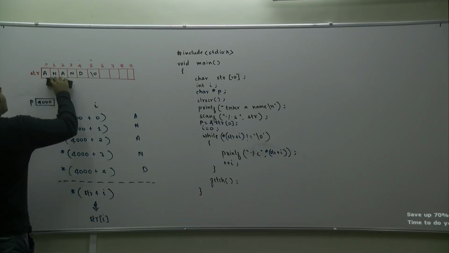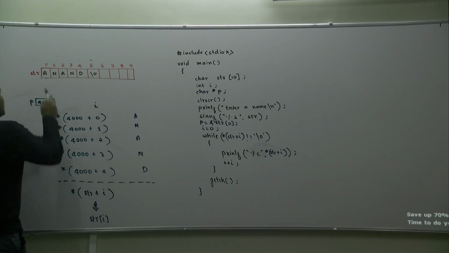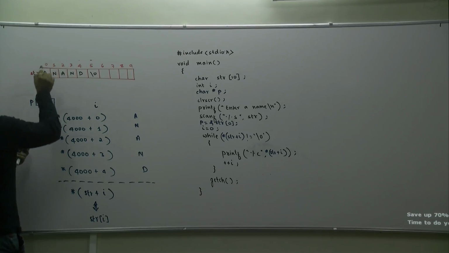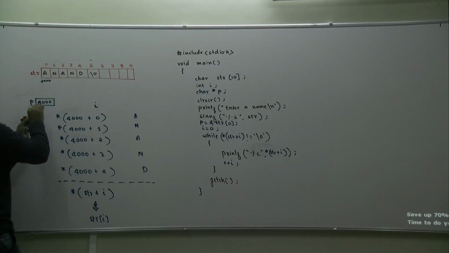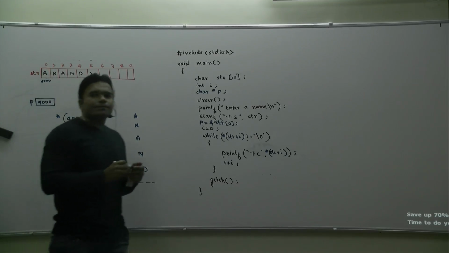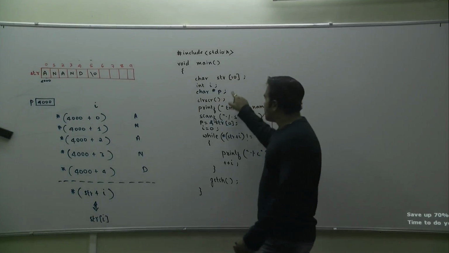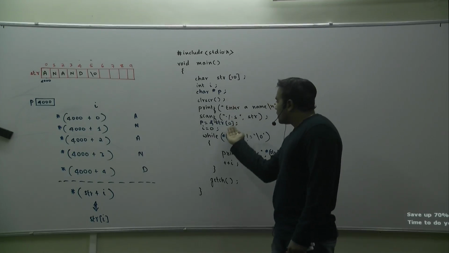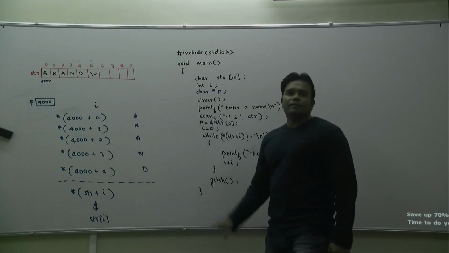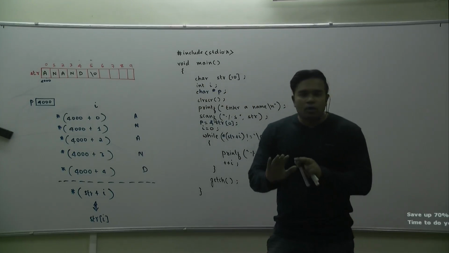The starting address of the array is 4000. In other words, str of 0 is a, its address is 4000, and that 4000 I have given to the pointer p. So two steps are over. First I created the pointer variable, and secondly I gave the address to p. I hope there is no doubt still here.